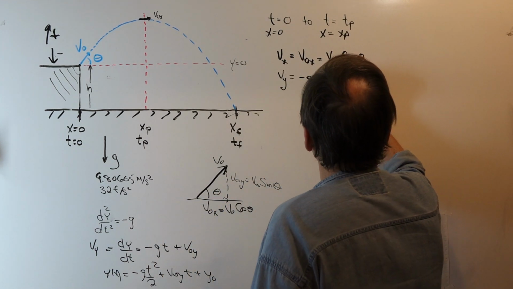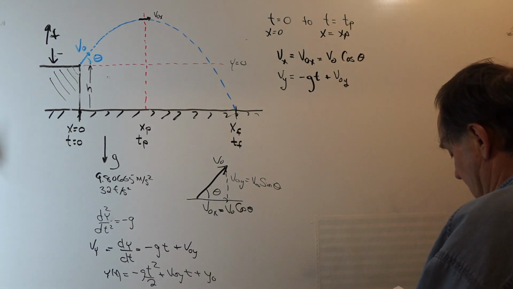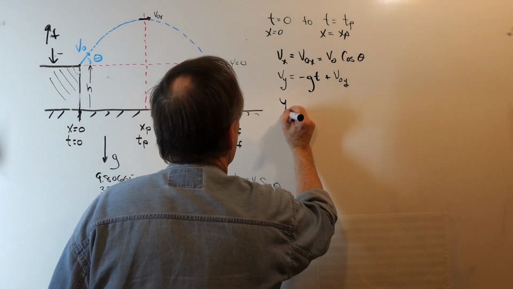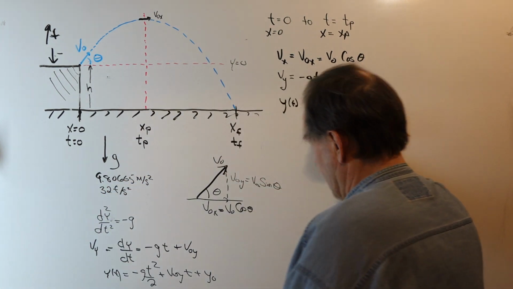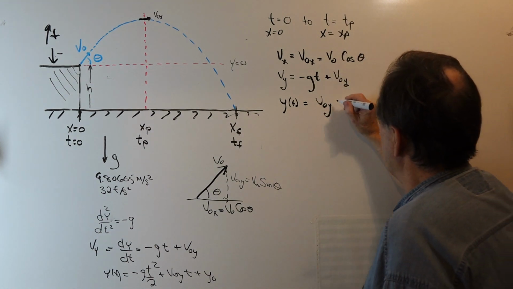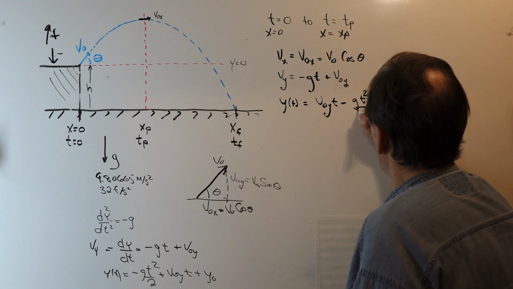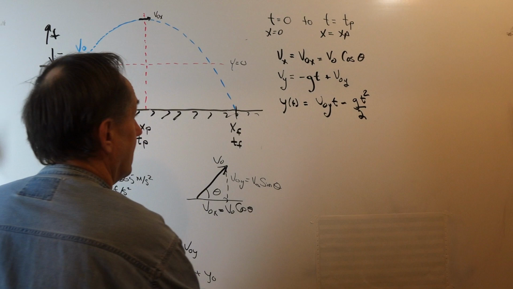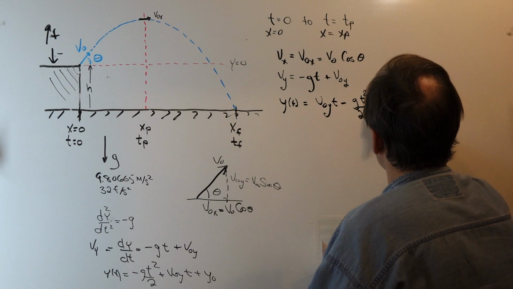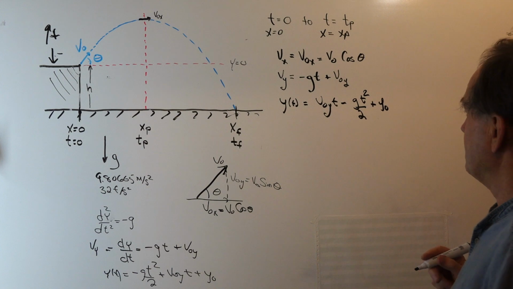So this is plus v0 in the y direction. Now, our position equation, y as a function of t, then becomes the initial velocity in the y direction times time minus gt squared all over 2, plus some initial y position.